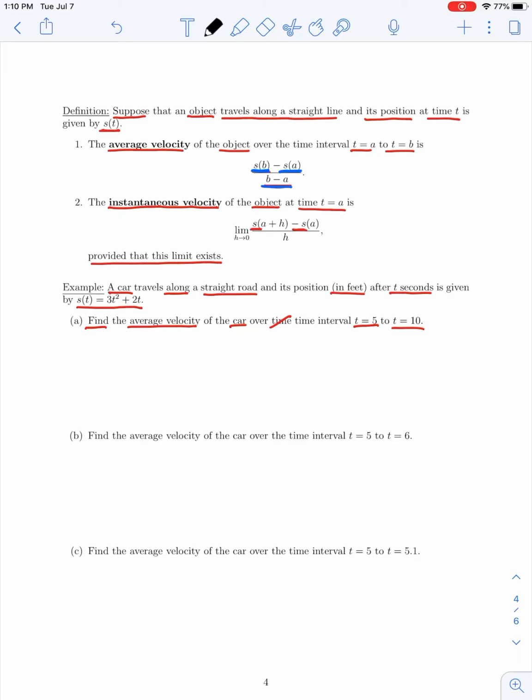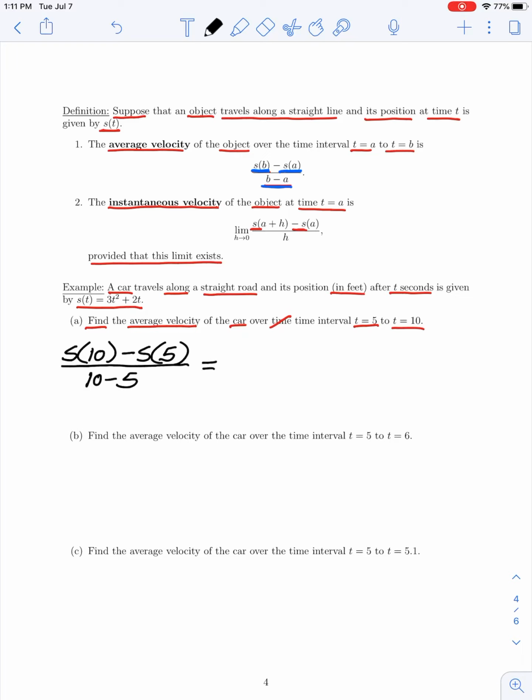So the average velocity would be given by the difference in our position s at time 10 and at time 5. And then we divide by the amount of time which has passed, so the difference between 10 seconds and 5 seconds.